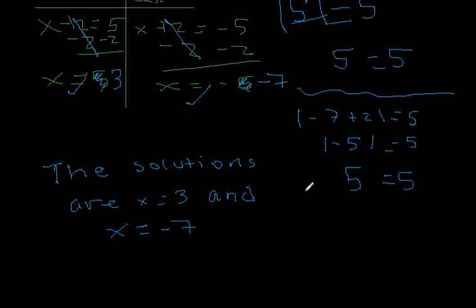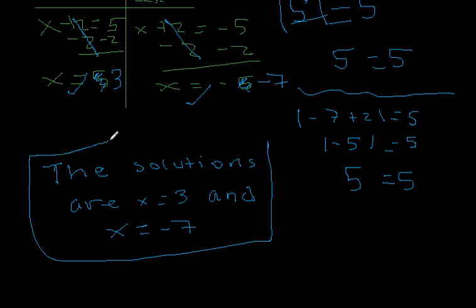Now just put a big box around that part and you are done. Thank you. Oh yeah, absolutely. And did we find that to be true in your notes? Yes, we said the solutions are both 3 and negative 7. Perfect. So what we do from here is press stop.